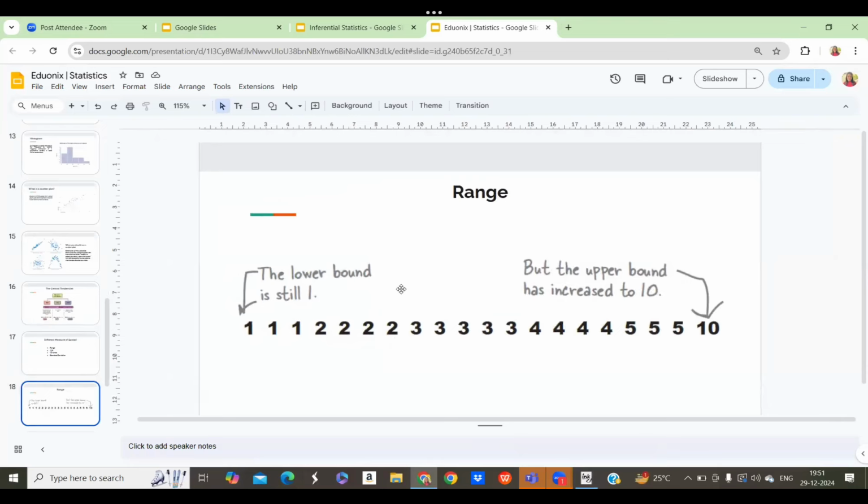Range is nothing but the difference between the highest boundary and the lowest boundary. If this is your data, the lowest boundary is 1 and the upper boundary is 10. The difference between 1 and 10 is 9, so your range is 9.